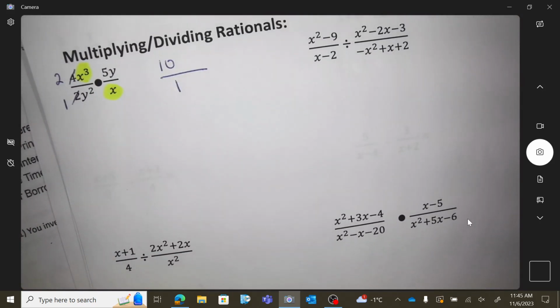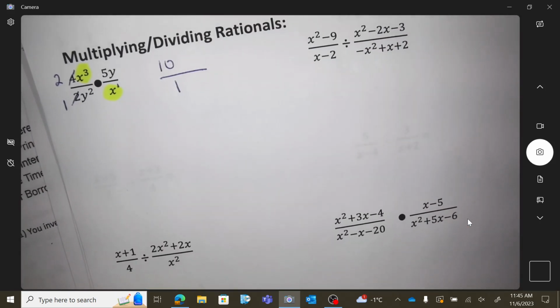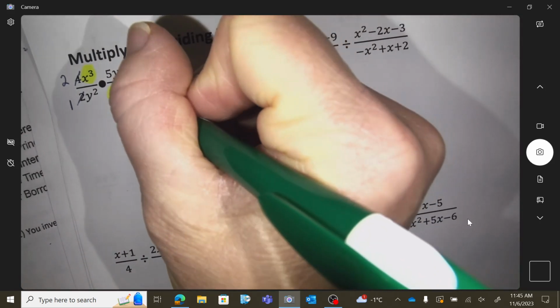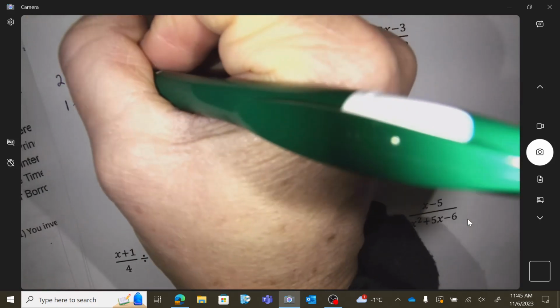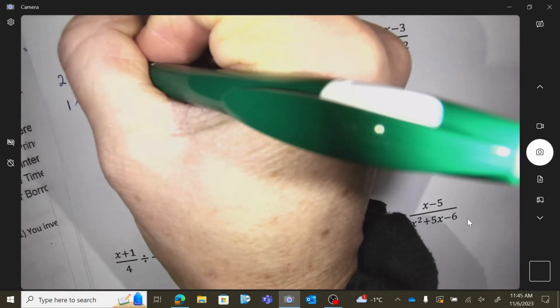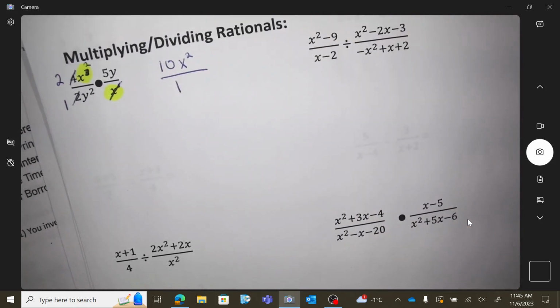X cubed divided by x, there's really like a 1 there, right? What do you want to take out? If I take out an x, that would be gone. And if I take out an x, would this change to x squared?